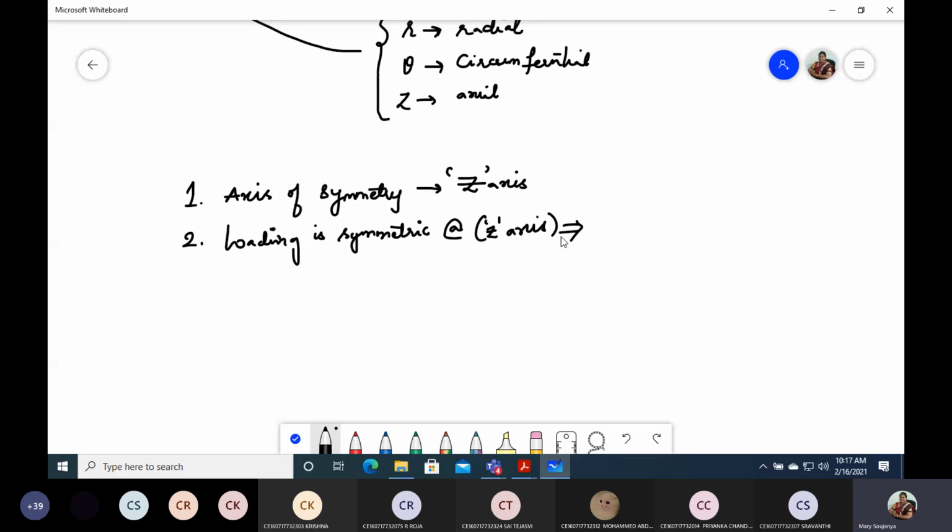Because it is symmetric about the axis of revolution, it is independent of the circumferential coordinate theta.